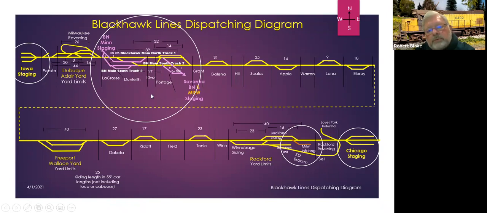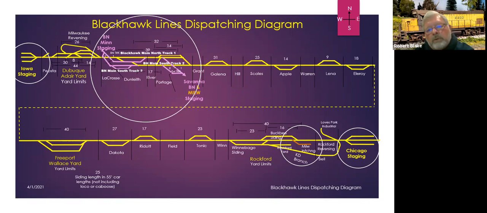As this trackage was originally designed, the Illinois Central was there first. Actually, the Chicago, Burlington, and Quincy came along later with its own single track that was parallel. The railroads finally decided to cooperate, because there was enough trackage on there, and run that as double track through that section.